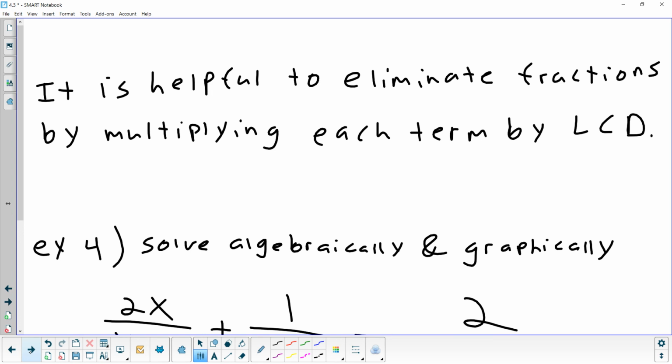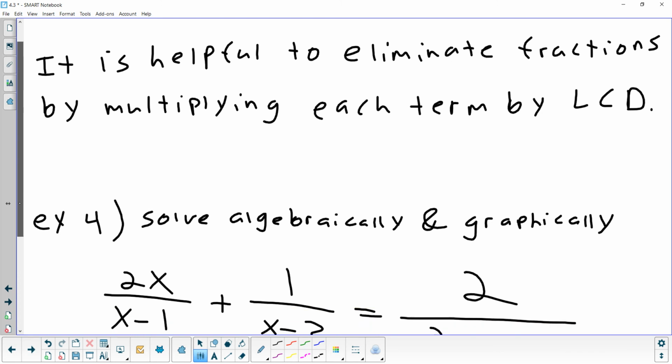The way we're generally going to go about solving rational equations is we don't want to have fractions. We want to get rid of the fractions. That usually means multiplying by a variable, so we're going to have to check for an extraneous solution.